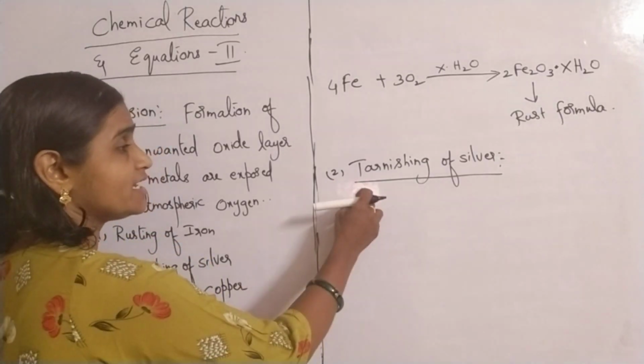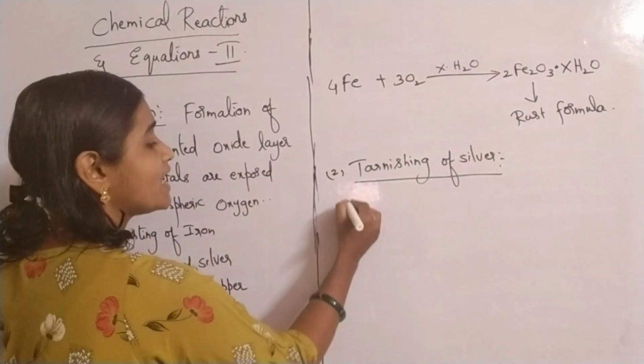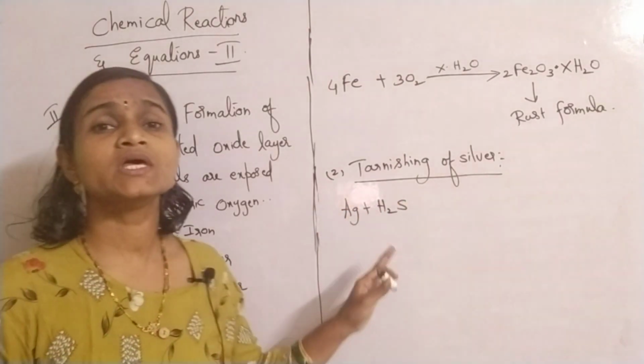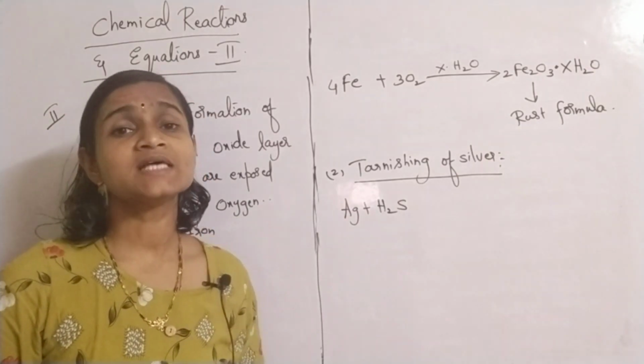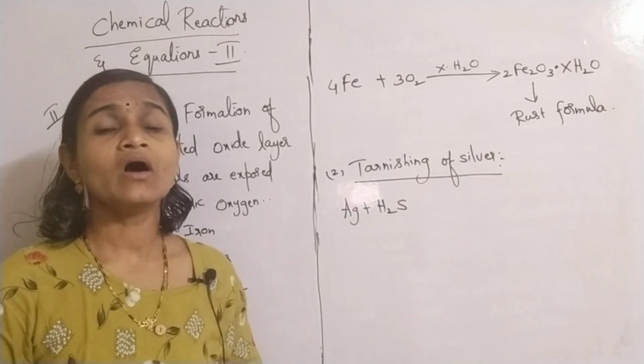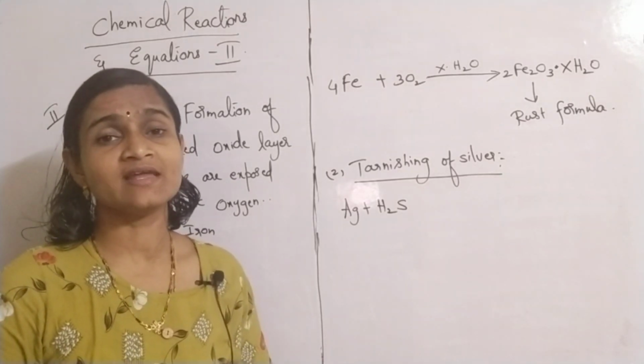Here, silver mainly reacts with atmospheric H2S gas. What is H2S? Hydrogen sulfide gas, which is present in drainage water or wherever stagnant water is there.